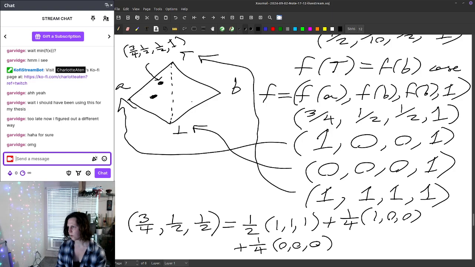Yeah, and so notice that this element that I chose, this 3/4, 1/2, 1/2, 1, if you want to include the one that never tells us anything at the end, assuming that my picture is pretty correct, according to the obvious ordering where we order component-wise, it can't be bigger than A because 3/4 is less than 1, but 0 is less than 1/2.